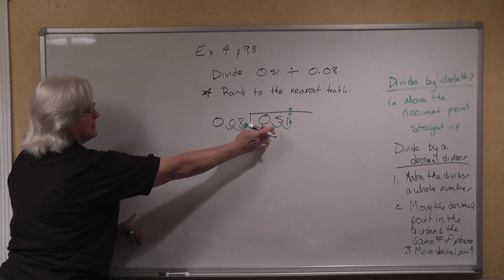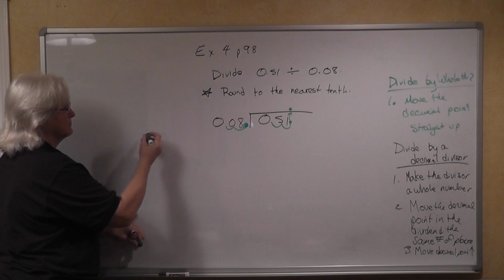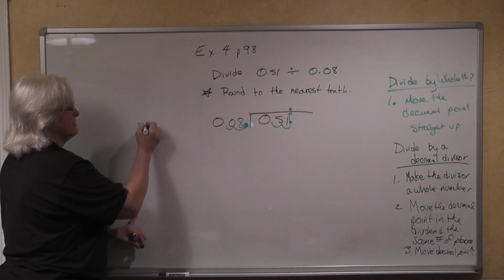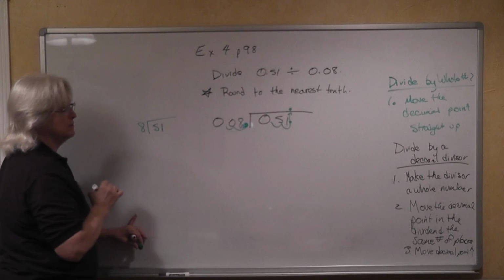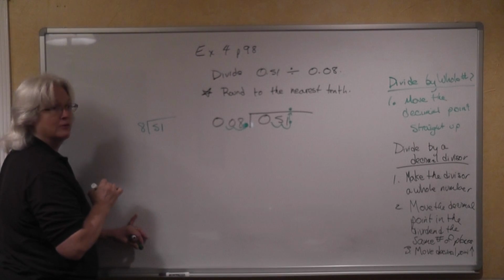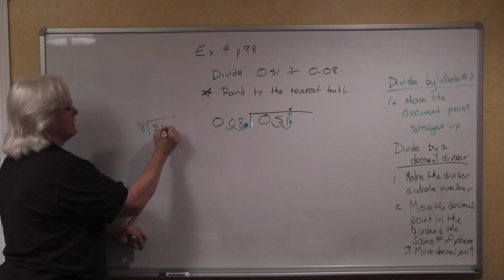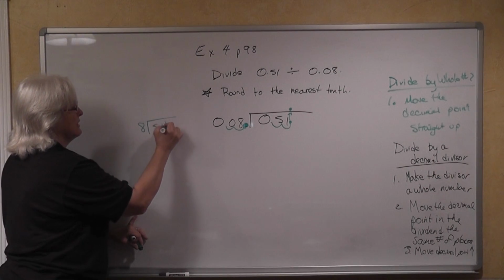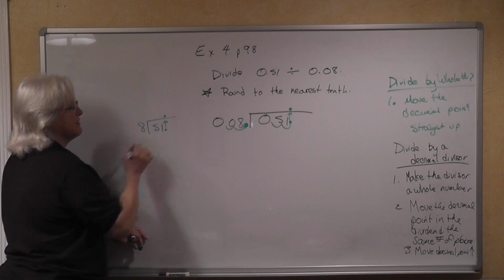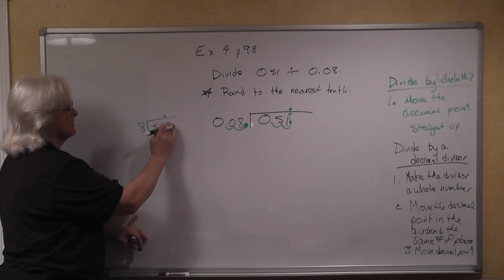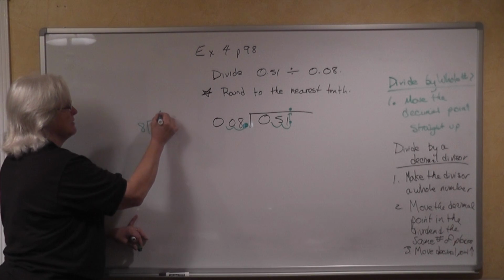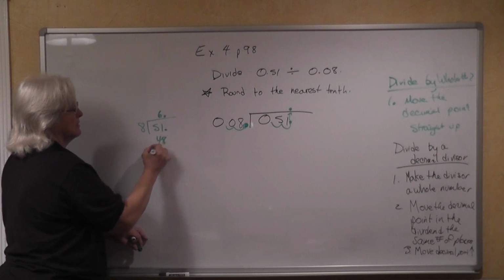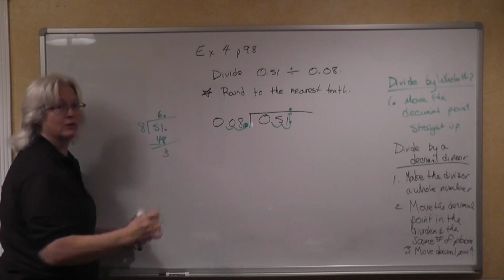We've relocated the decimal point. So that means that we have 8 divided into 51. We have our decimal point located at the end. Going to carry that straight up. 6 times 8 is 48. We subtract and we have 3.